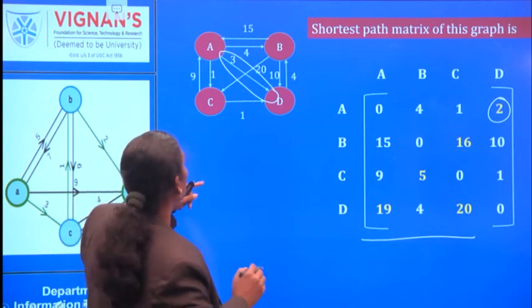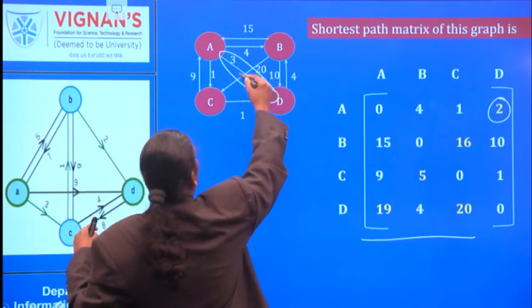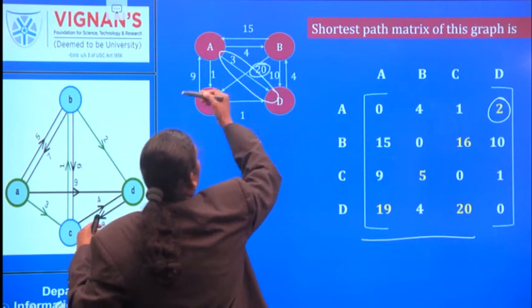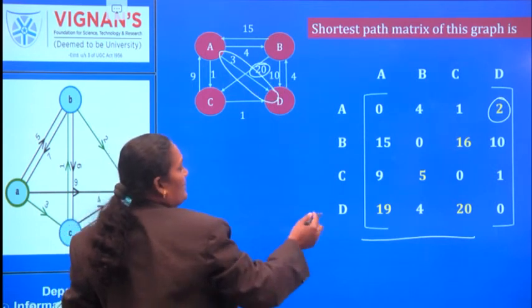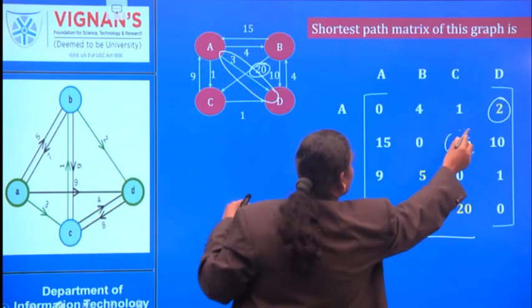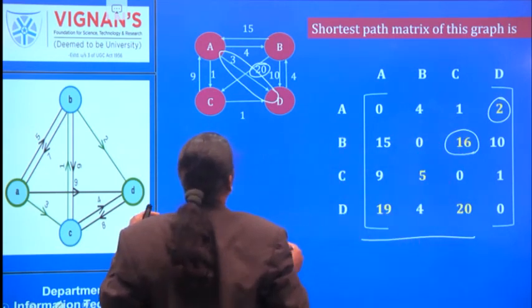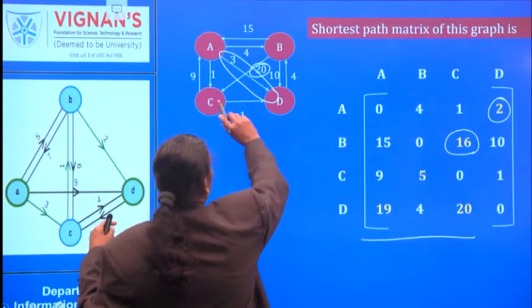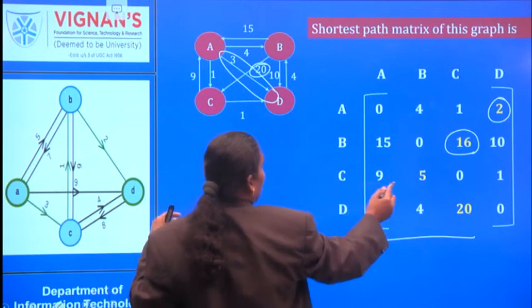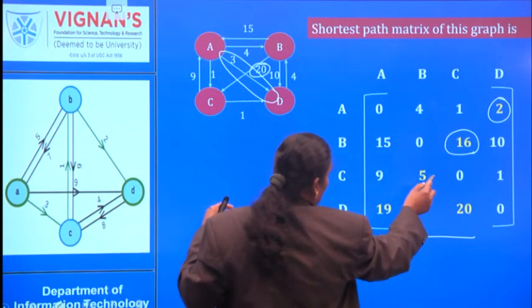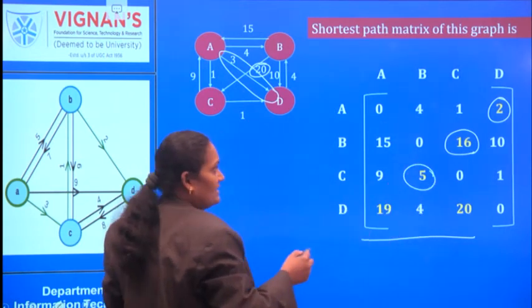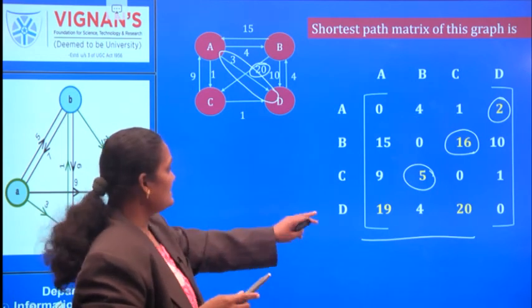And cost of moving B to C. We can move B to C through 20, but its cost is updated as 16. And cost of moving C to B. C to B, there is no path, actually its original value is infinite, but here its value is updated as 5.